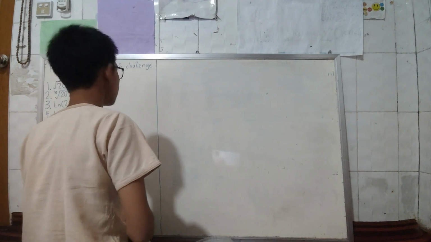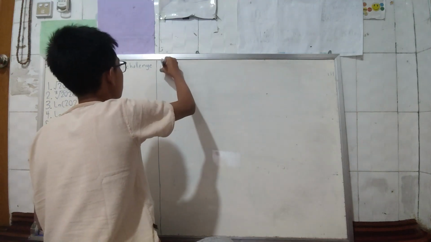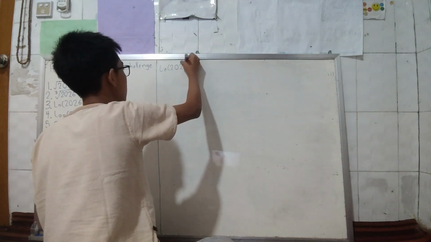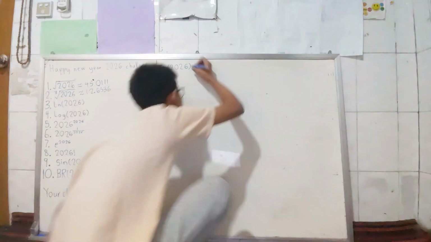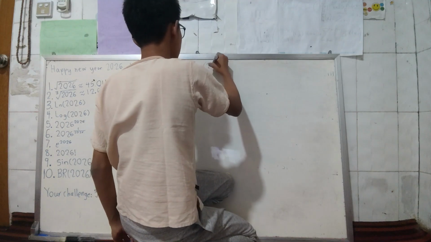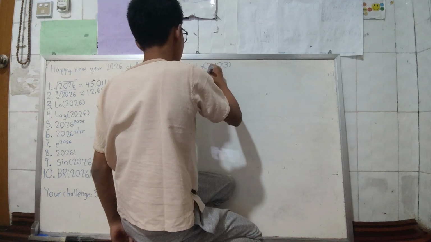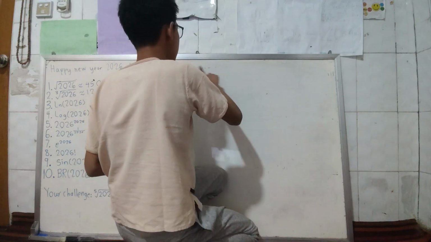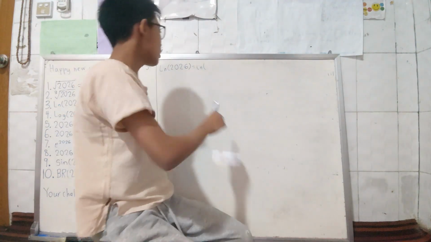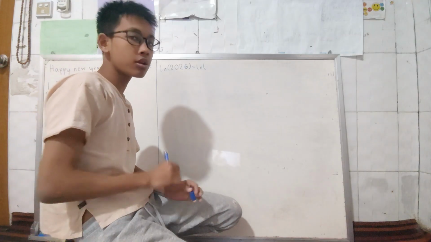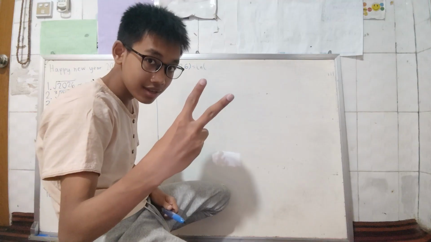So the natural log of 2026, that's going to be 2 times 1013, and then we can break it. Oh, wait a minute. We're going to convert this into standard form of base 2. What I mean is that we're going to convert 2026 into standard form, but we're not using base 10, we're using base 2. Okay? Base 2.